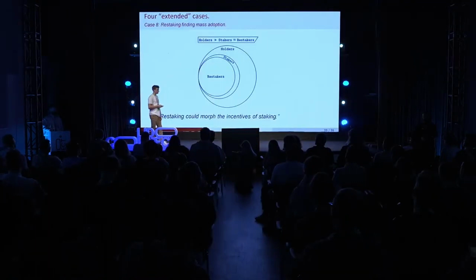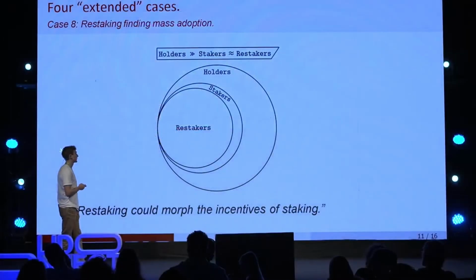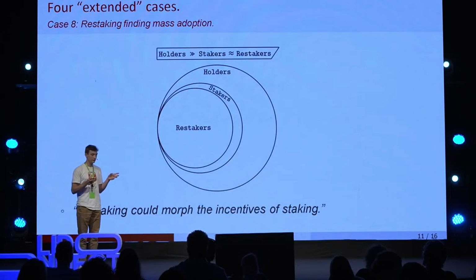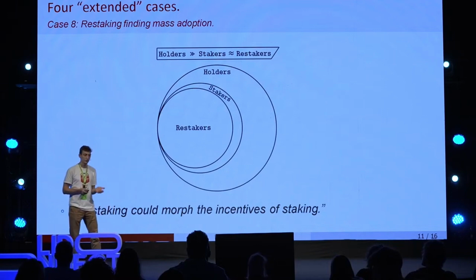Cool, and this is the last of our extended cases, and it takes a quick look at restaking. There is a world in which restakers come to represent most of the staking set as a whole. This could potentially add another layer of centralizing pressure, especially if, in order to compete on the restaking yield and have expected positive return on your staking, you need to increase the hardware or bandwidth requirements of your machine.